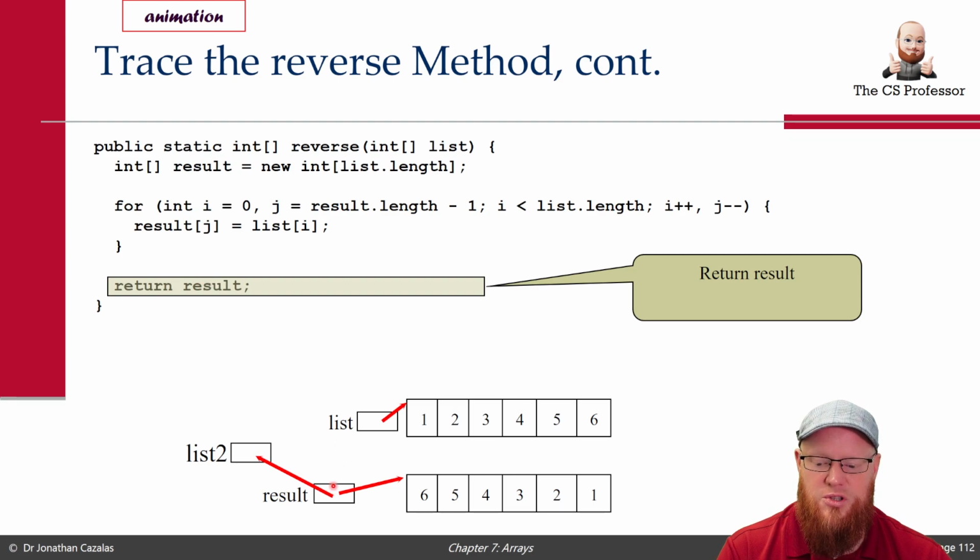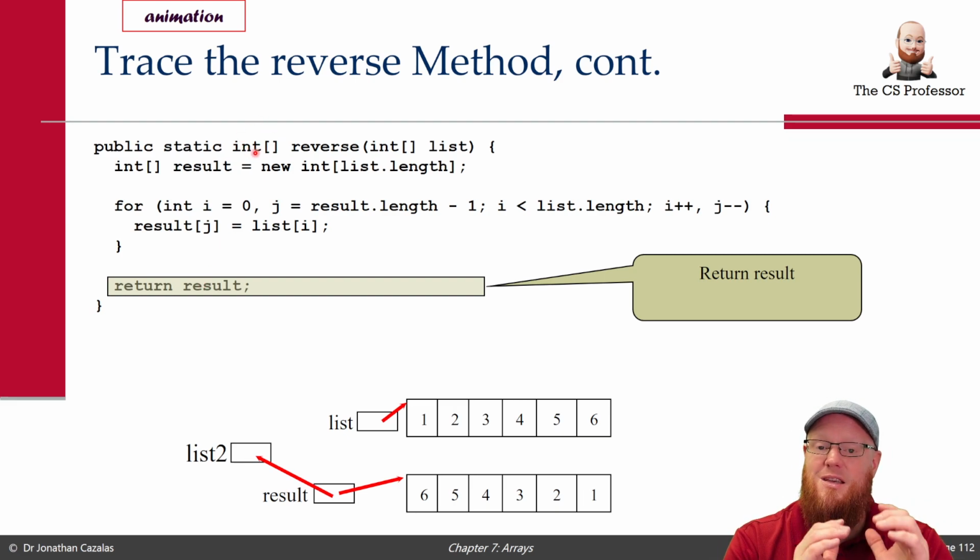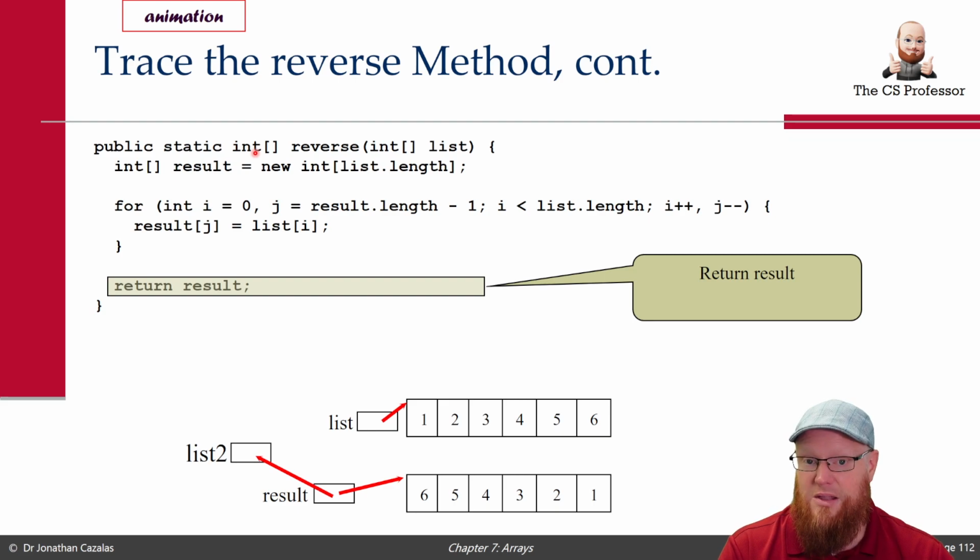What happens is we return result. Well, what is result? Result is an address. Result is a reference, right? We've made, this is an assignment, make a new array on the heap, but what's saved into result? An address. So when I type return result, and even look at the data type being returned, it says int[]. What that means is return an address that's referring to a one-dimensional array of integers.